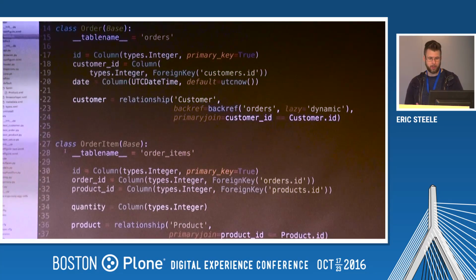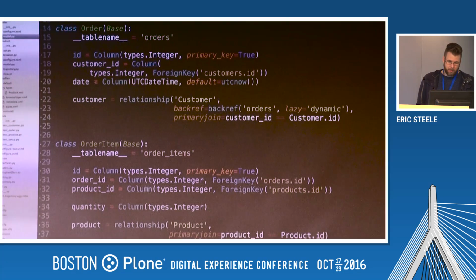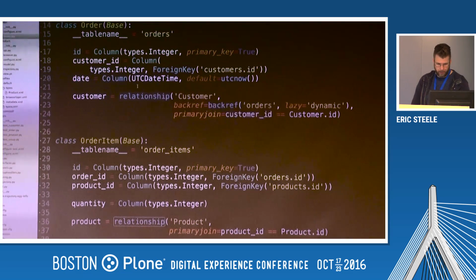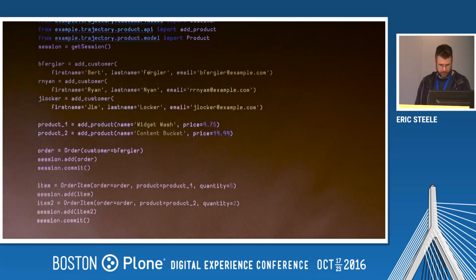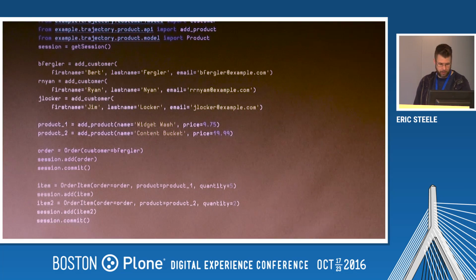So we have a basic table where we map customers, which are another class we have, customers and dates. And so we can set up this relationship between an order and a customer. And that provides the references between the two. And once again, it feels very similar to how things work in Plone and in Python.